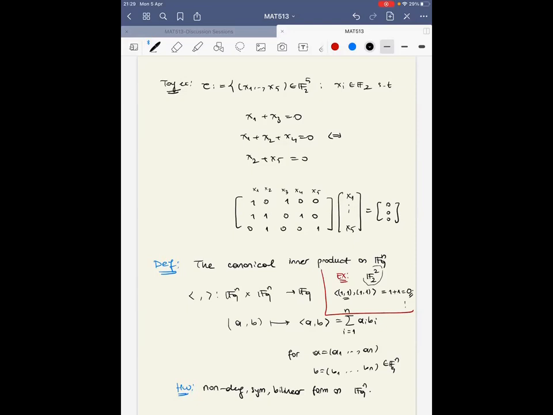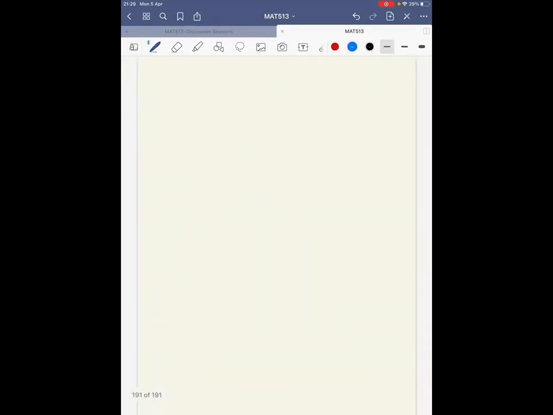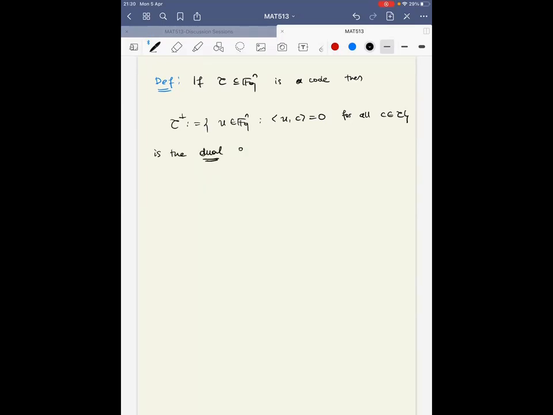And with respect to this inner product, we can define the orthogonal complement of the vector space C. So if we are given a linear code C, then its orthogonal complement contains vectors u whose inner product is 0 with all codewords from C. In coding theory, this orthogonal complement is called the dual of the linear code C with respect to the Euclidean inner product.